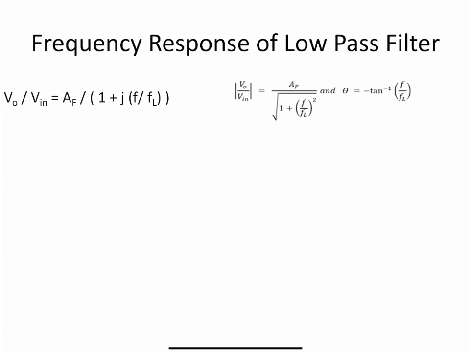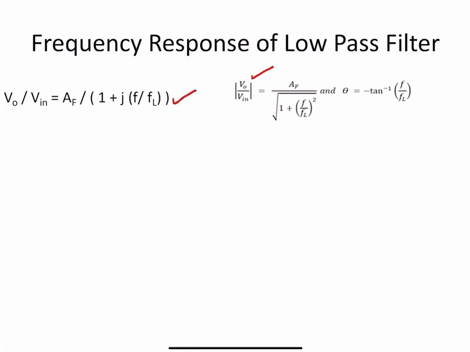Here the real part is 1, the imaginary part is f over FL. That's why we get this magnitude. And the phase angle will be minus tangent inverse f over FL. As the phase angle for any complex number x plus jy is tangent inverse y by x, or you can say tangent inverse imaginary part over real part. By using that relation, you can find the phase angle of this particular expression.